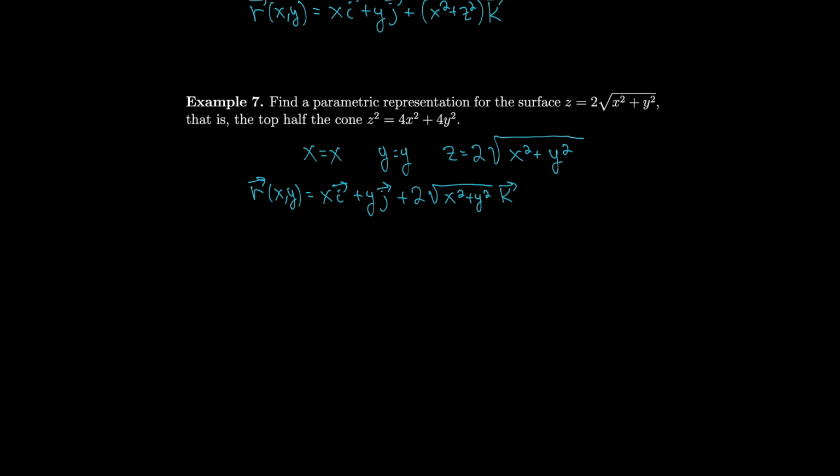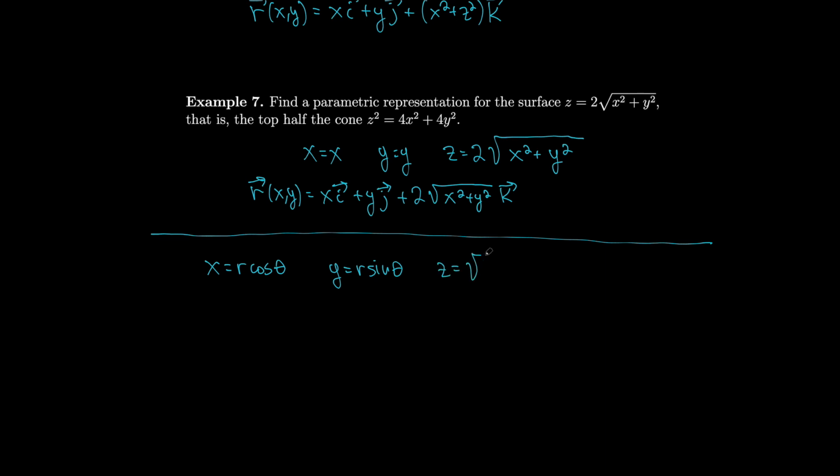Notice this is not the only way we could do this, though. We have a cone being represented, so we could do everything in terms of polar coordinates, r and theta. So if we wanted to use r and theta as the parameters instead of x and y, we would have x equal to r cosine theta, y equal to r sine theta, and z equal to, oh, I forgot my 2, 2 times the square root of x squared plus y squared, which is 2r.